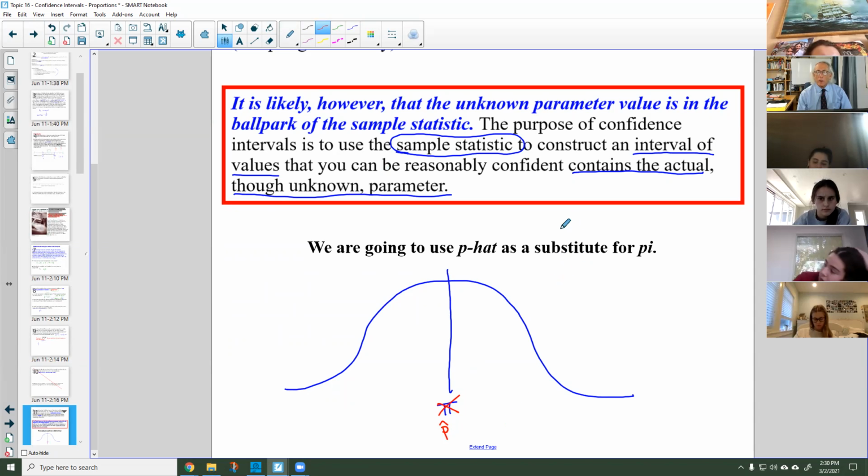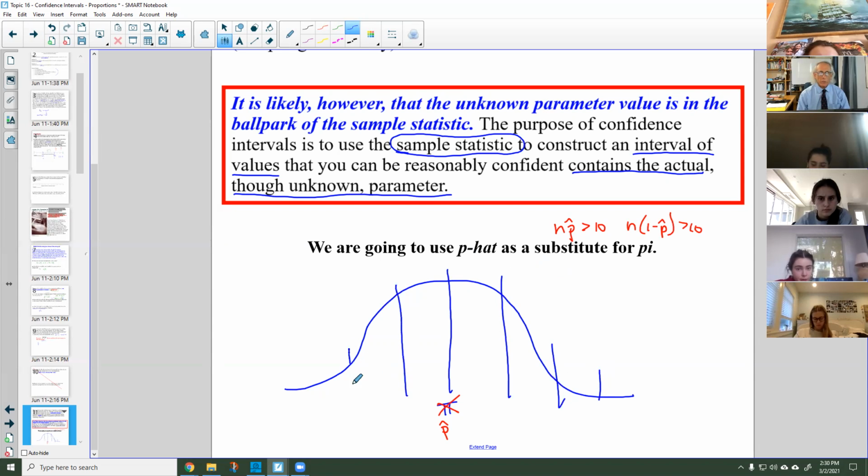So I'm going to check n times p hat greater than 10, and n times 1 minus p hat greater than 10. And if that works, then I'm going to make myself a normal distribution. Now, watch carefully. We'll do this with some real numbers next class, but 1, 2, 3, 1, 2, 3.